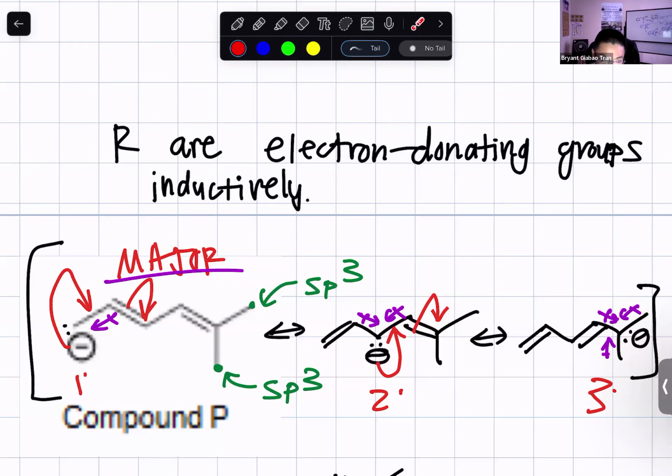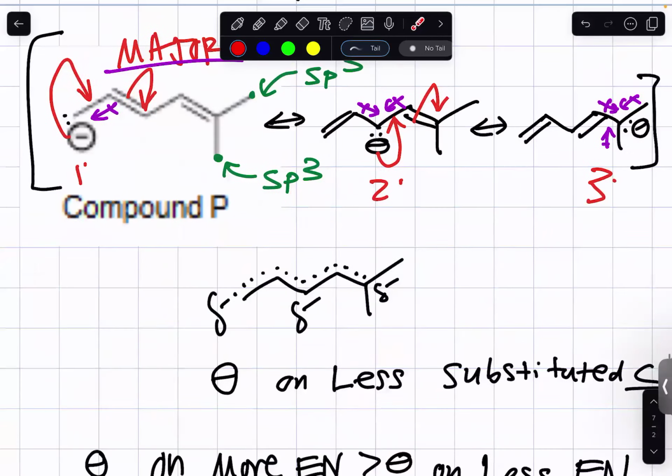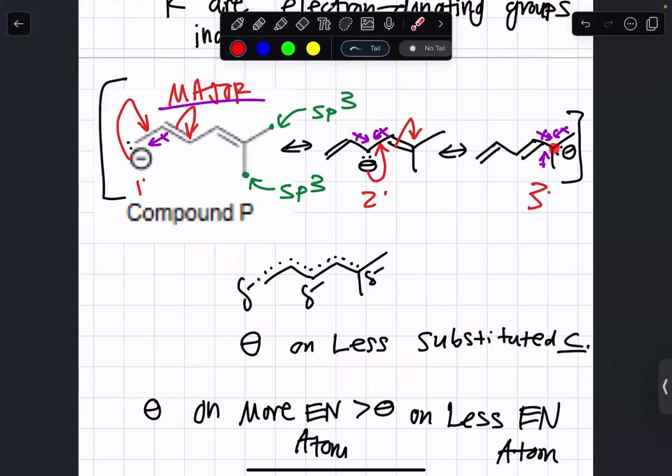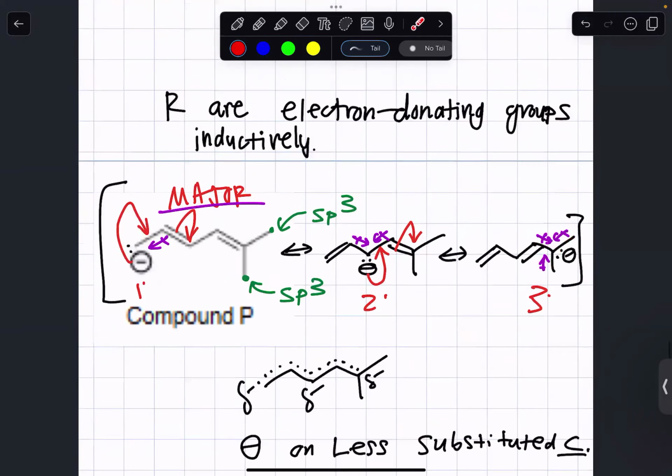Yes. Whereas like you said, tertiary has more repulsion because there's more R groups, more substitution. More substitution, okay. Right. More hydrocarbon chains or R groups.